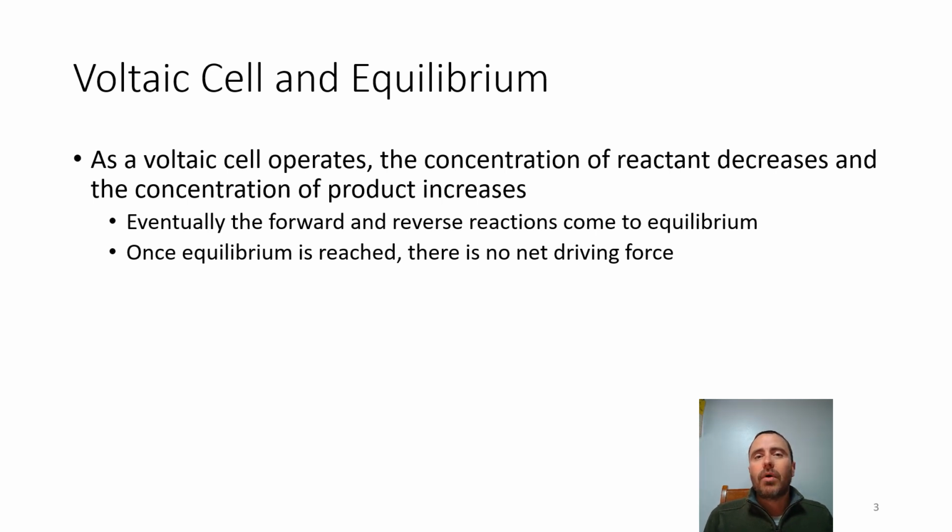So the overall voltage at that point is going to be 0 because there's nothing to force the reaction to make products. Like if there was a spontaneous reaction, there's nothing that would drive the reaction to go back to reactants if it were the opposite, a non-spontaneous reaction. So in between those two, we're going to have a voltage of 0.